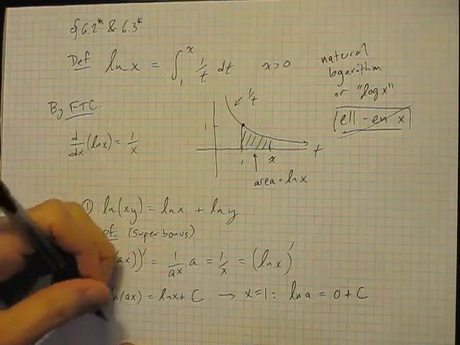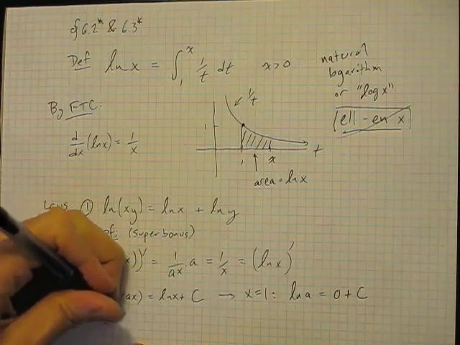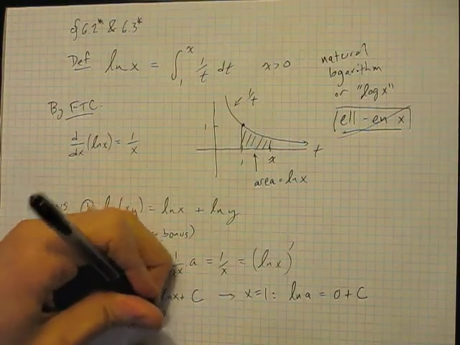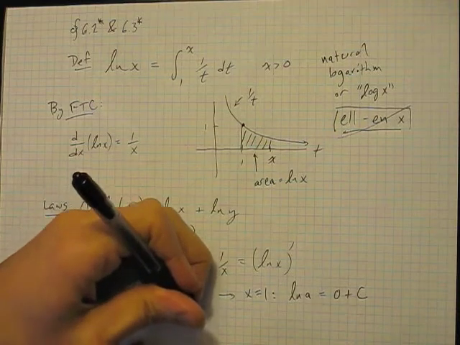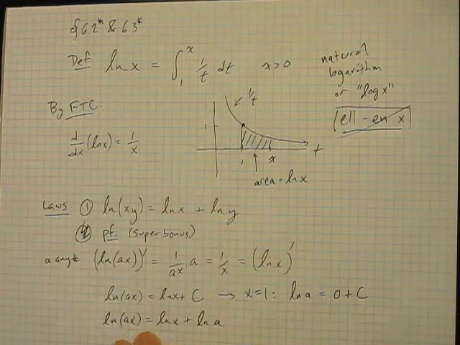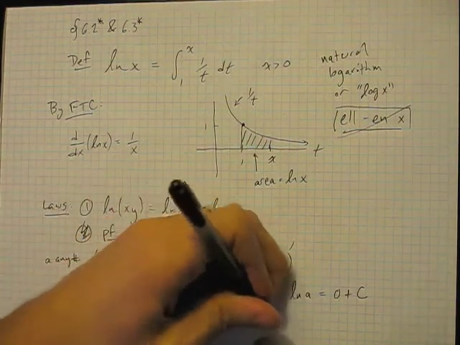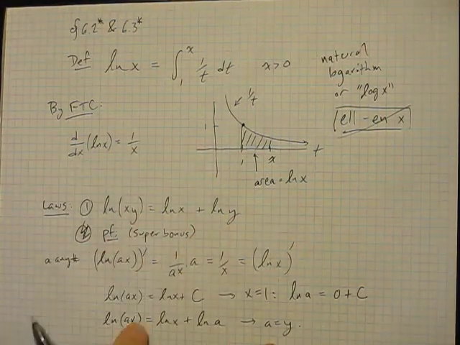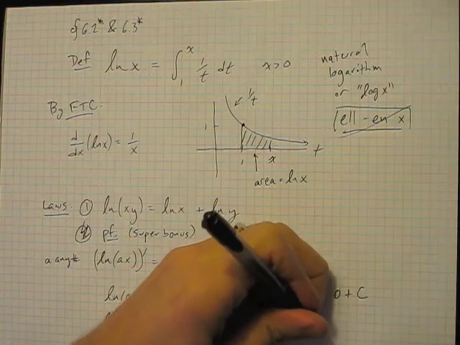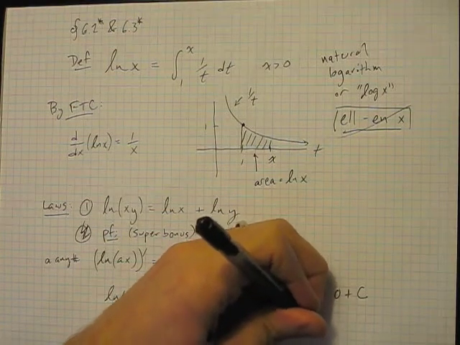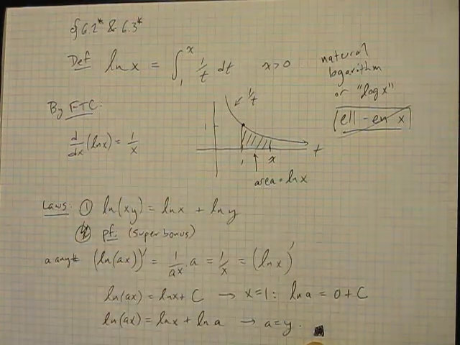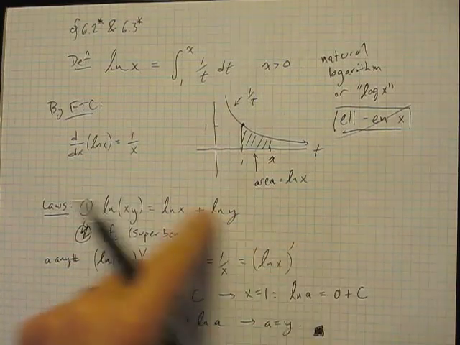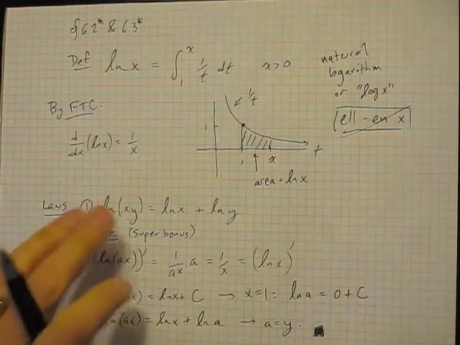So in this case, we get log of ax is equal to log of x plus log of a, and that's our rule. Just make a equal y. Okay, so we make a equal to y, then we get this. Okay, so this is the proof. Usually when we write a proof, we put a solid little square at the end of it. Understand this proof, give you some bonus points on the next exam.